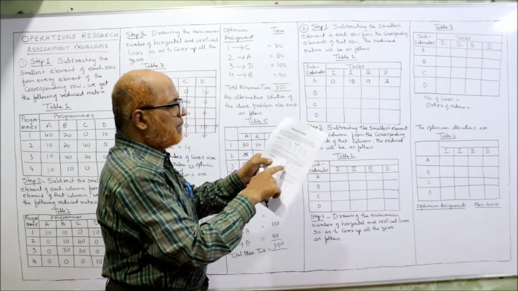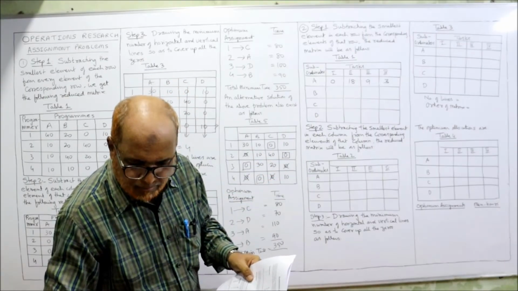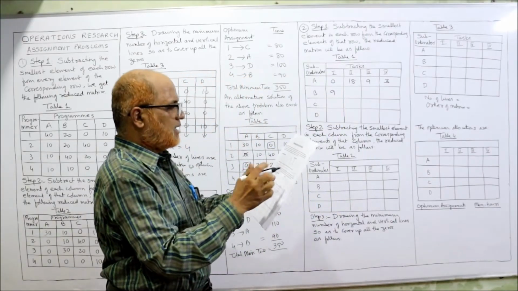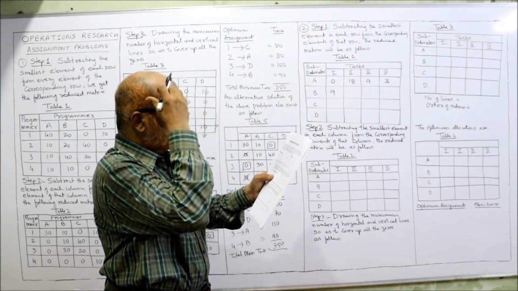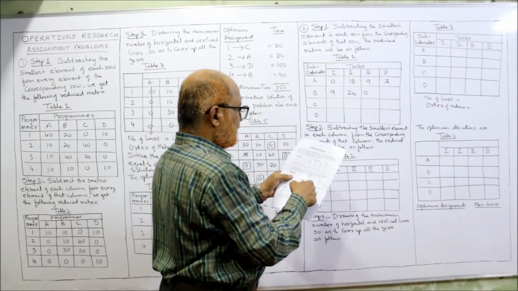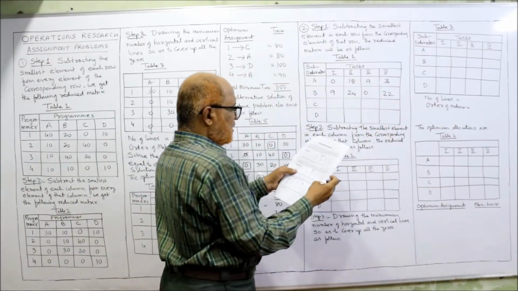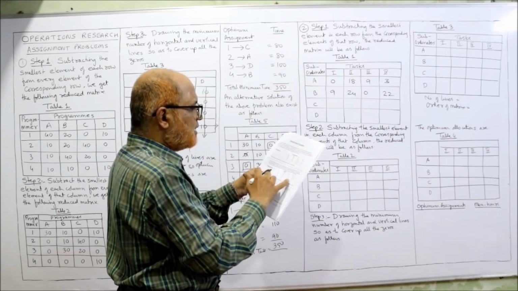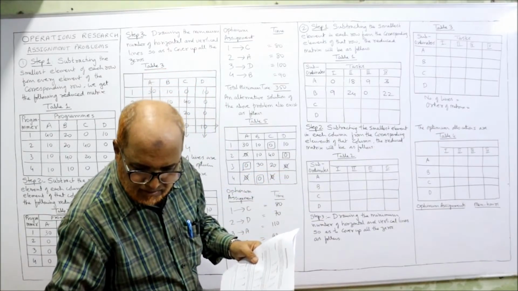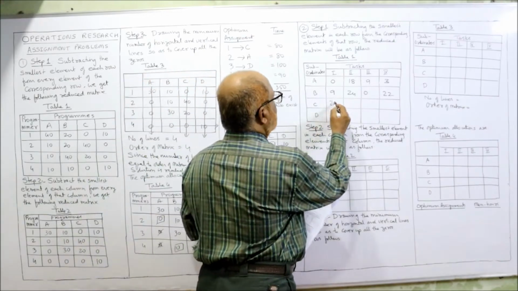Second row, minimum is 4. So 13 minus 4 is 9. Next one is 28 minus 4 is 24. 4 minus 4, 0. 26 minus 4, 22. That's all. Third row, minimum is 15. So 38 minus 15. It comes to 23.